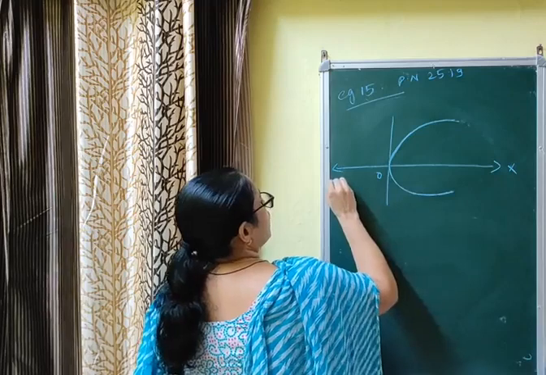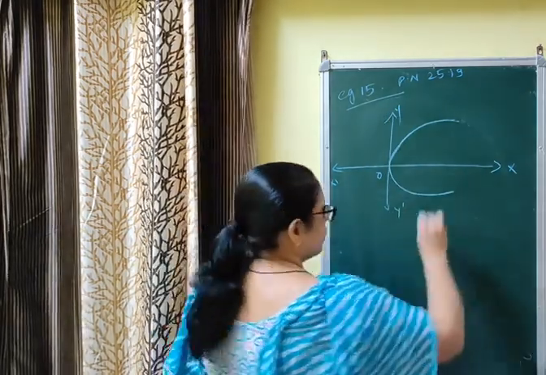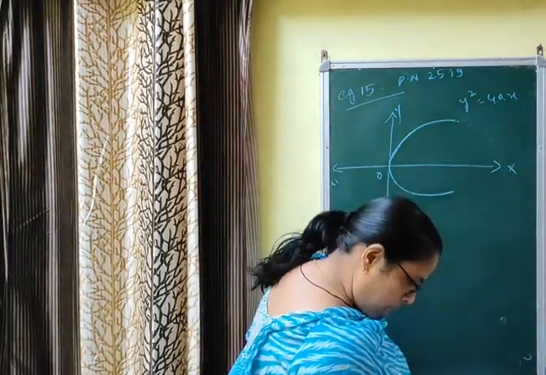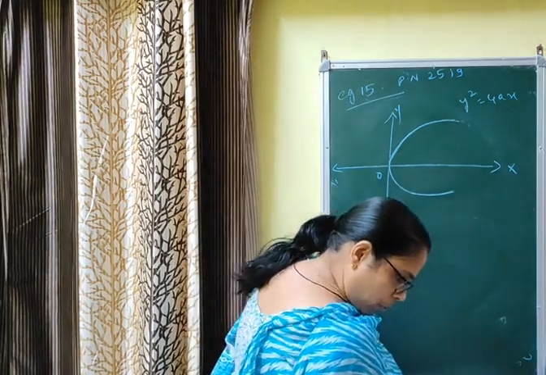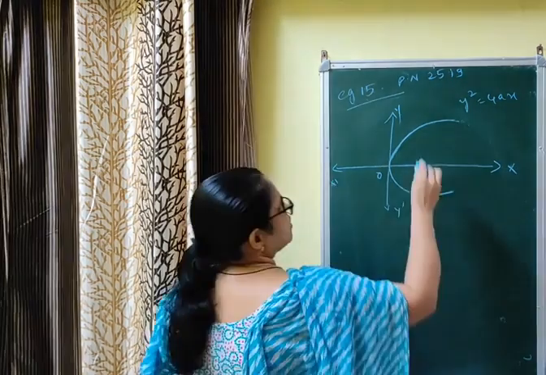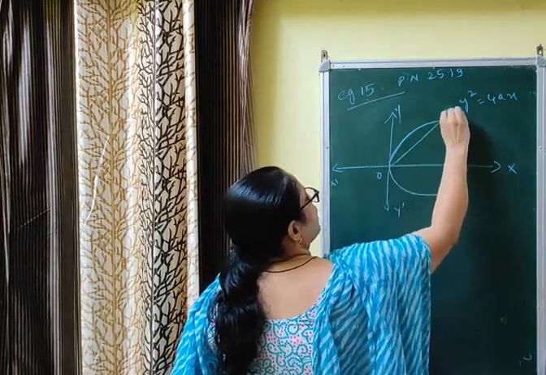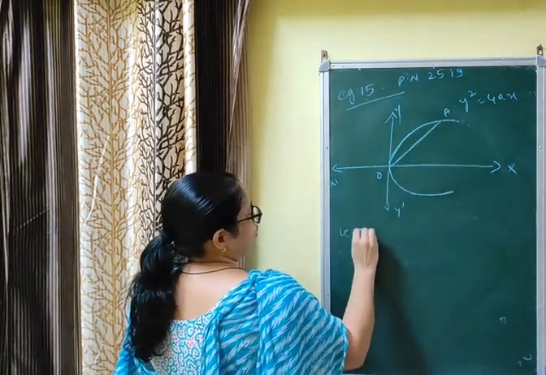The parabola is symmetrical about the axis, so be careful while you draw. You are given the parabola y square equal to 4ax, and you have to find the locus of the middle point of all chords of the parabola which are drawn through the vertex. The locus of the midpoint of the chord made from the vertex has to be found.